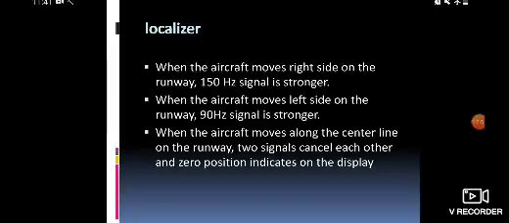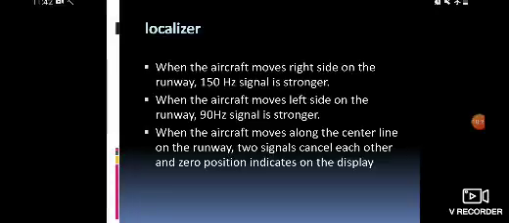Okay, so when the aircraft moves to the right side of the runway, the 150 hertz signal is stronger. How will it notify whether it is the right side or the left side? I have said that a localizer is an antenna array with a carrier modulated at 90 hertz and at the same time 150 hertz.